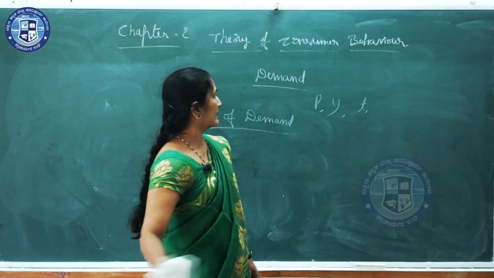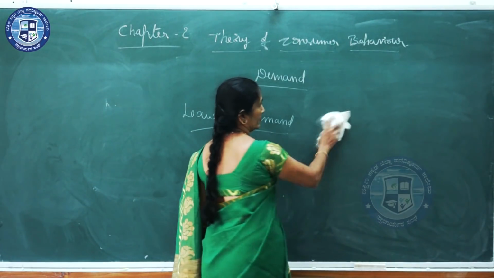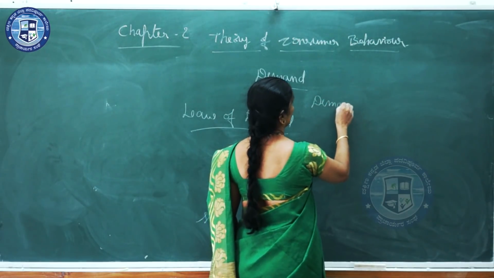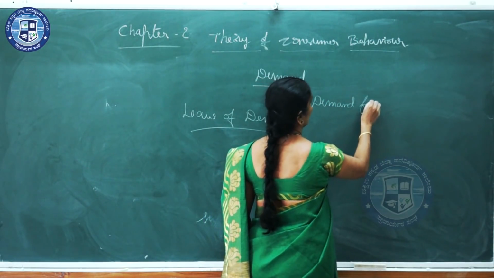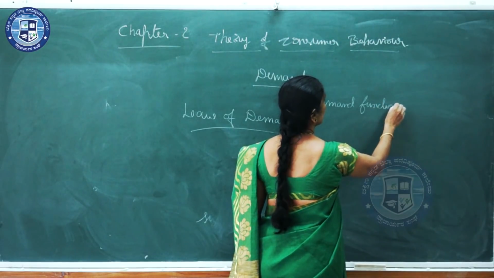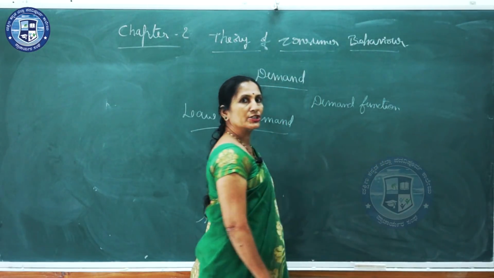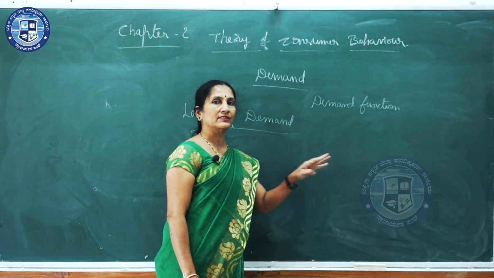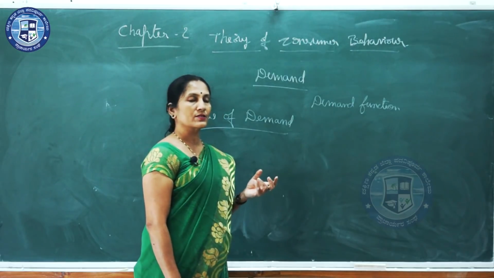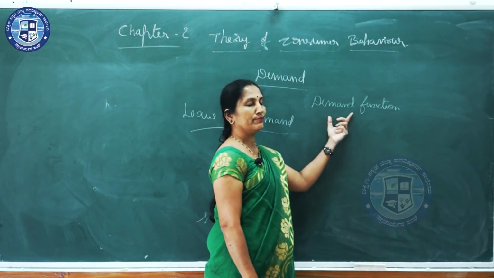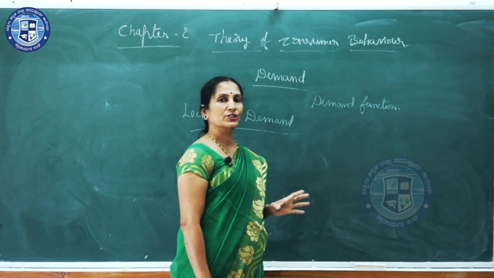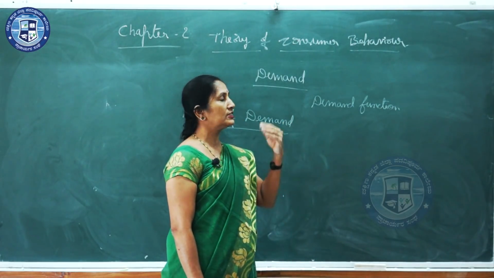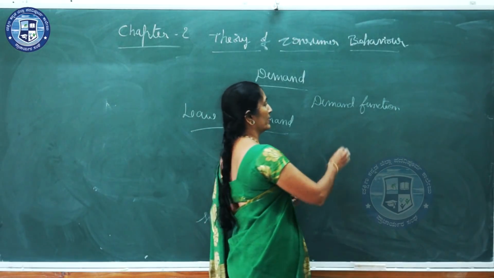So let us take the demand function. The demand function is the functional relationship between quantity demanded and the factors which influence the demand of a commodity.